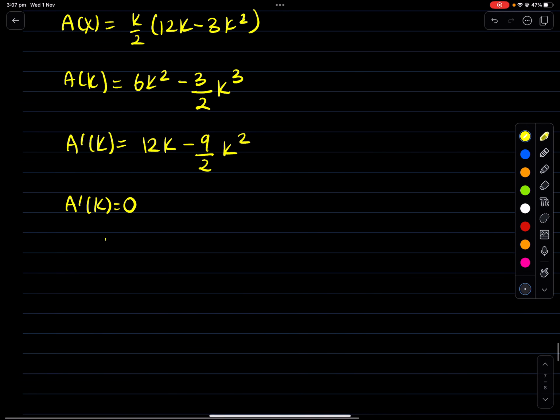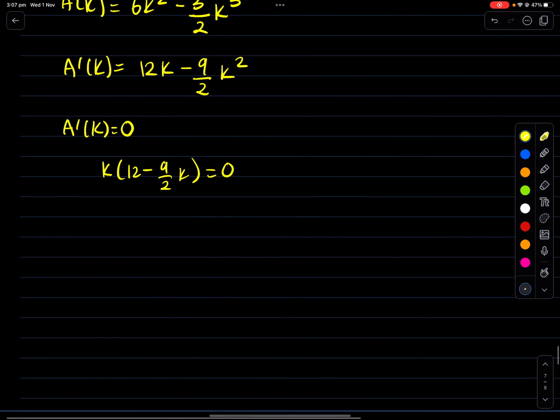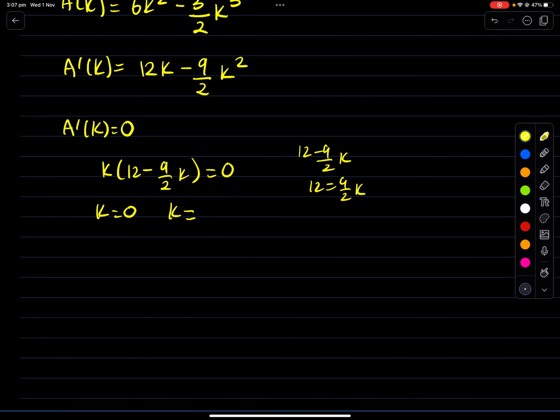So we want, that'll be k times (12 minus 9 over 2 k) should equal 0. So k will equal 0 and k is equal to, well, what's 12 minus 9 over 2 k, which is 12 over 9 over 2, which is just 12 times 2 over 9. How many 3s? So 4. How many 3s? 3. 8 on 3. So k is 8 on 3.